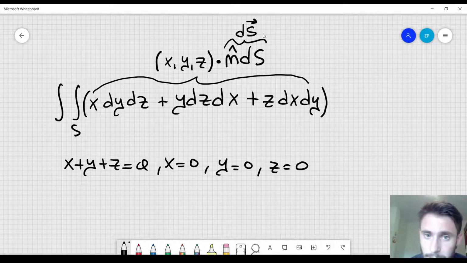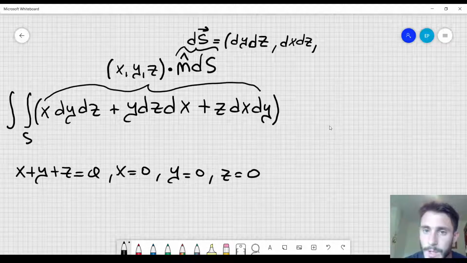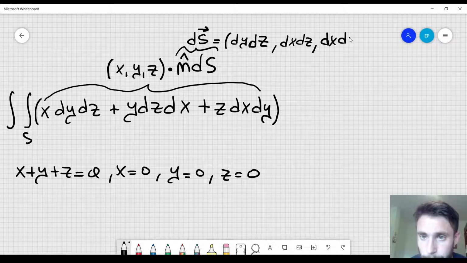And the vector ds is characterized by three components, which are three surfaces, and we can write it as dy dz, which is the surface normal to the x-axis. Then we have dx dz, the surface that's normal to the y-axis, and then we have dx dy.